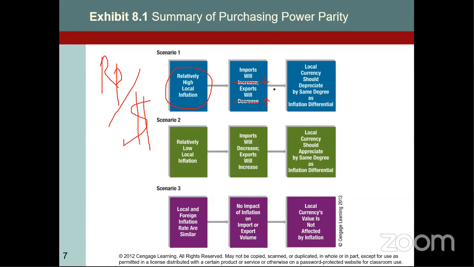Then the foreign importers will say, hey, now my money in US dollars is valued more, so I can buy more products from Indonesia. They will buy more products from Indonesia, the exporter will sell more products, and then exports will increase. Now that's the point: the local currency should depreciate. Yes, this is the same.